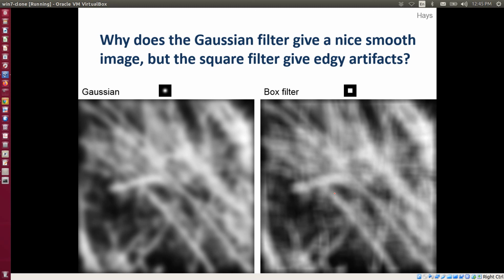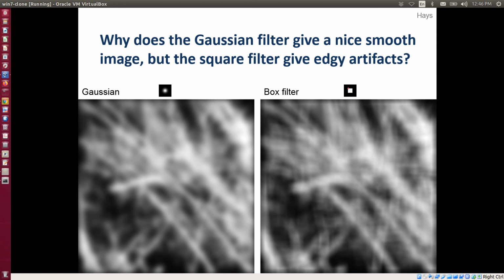Remember we have the convolution theorem, right? If we do this filtering in the spatial domain, it's the same as doing the product in the frequency domain, right? So if we look at a box filter, what's the Fourier transform for a box filter? Do you know?